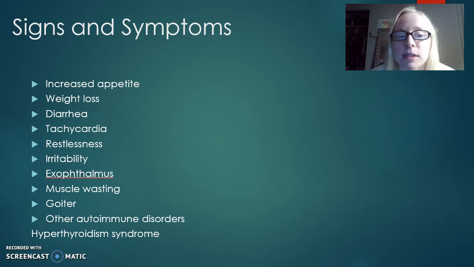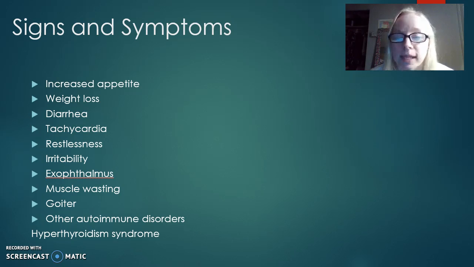Some signs and symptoms of Graves' disease are similar to that of other forms of hyperthyroidism as a result of increased thyroid hormone production.